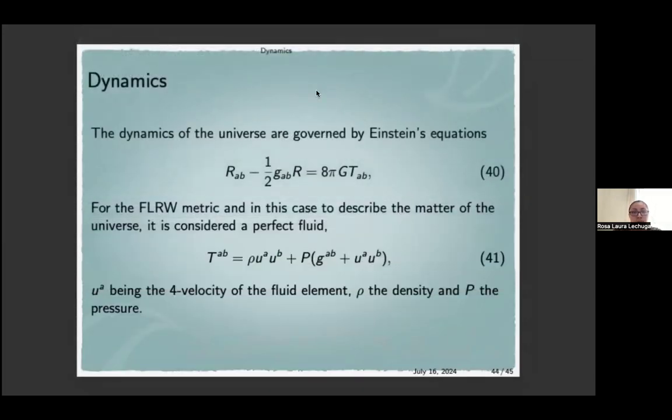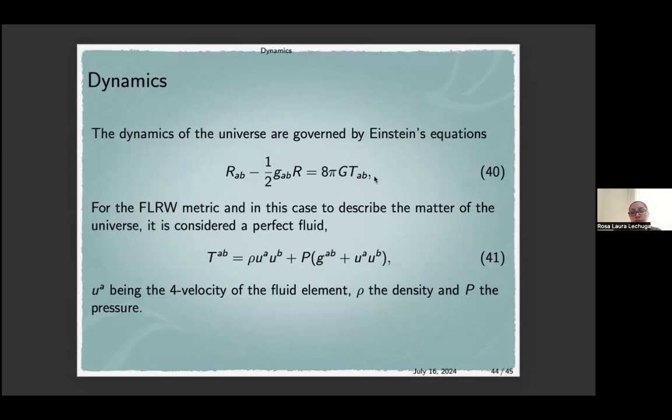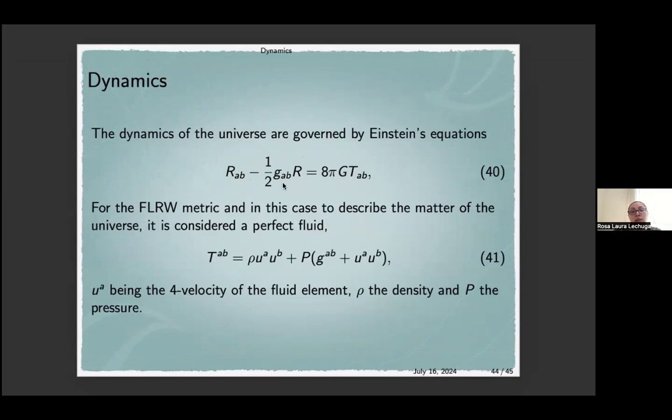But okay, the dynamics of the universe is governed by the Einstein equations. You can read here that in the previous lesson, we worked with the left-hand side, and in that case, we studied the metric and the scalar quantities you can get only from the metric, but we haven't worked with the matter.